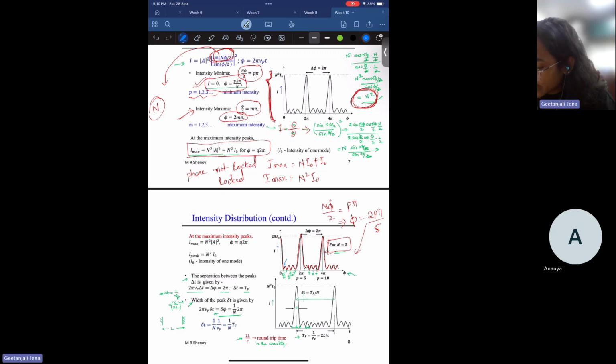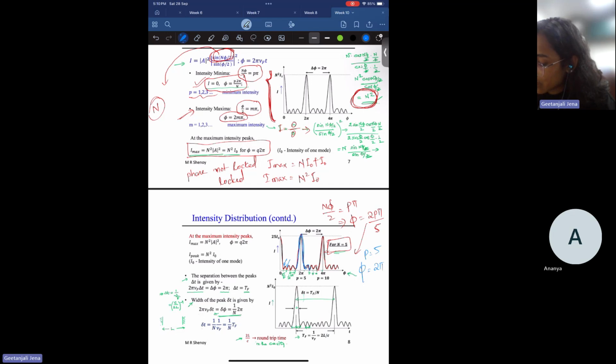This point here is 2 pi by 5. The next point here will be 4 pi by 5. Similarly, when p is 5, phi will be 2 pi, so instead of minima, you will get a maxima here.